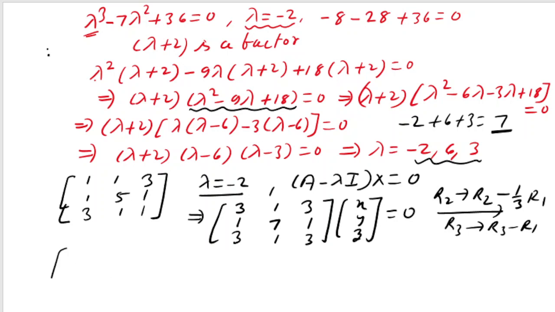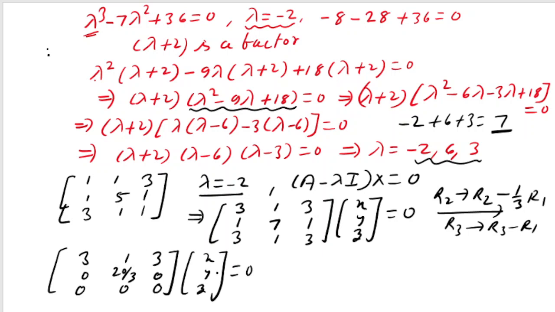So I get a system 3 1 3, and this will all become 0, and here 7 minus 1 by 3, so 21 minus 1, that is 20 by 3, and here I have 1 minus 1 by 3, so that is also equal to 0, right? And we have this x y z is equal to 0. Now this is in echelon form. The rank here is 2 and the number of variables is 3, which I was aware that I would get, but just to highlight this.